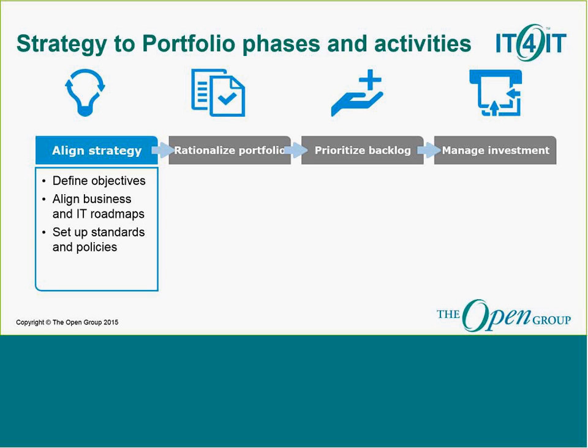It's all about aligning to business goals and IT roadmaps so that the investments are optimized in that they come out when the business needs them, the platforms are there at the same time, and you're not duplicating investments where it's not necessary.